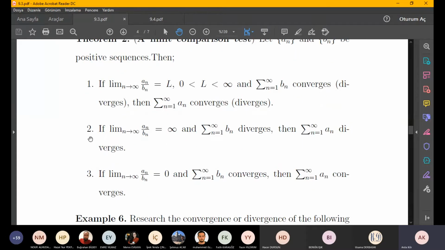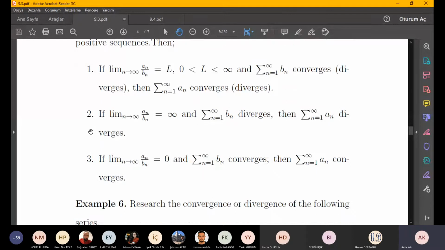Okay. And second one, if the limit is infinity, which is an infinite limit, then if b_n diverges, that says a_n also diverges. This is the second case for the theorem.